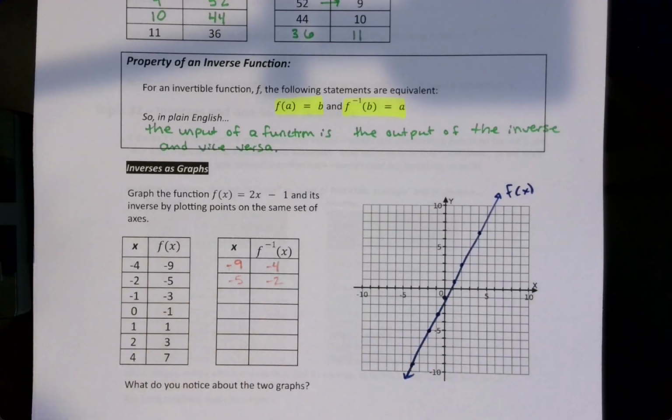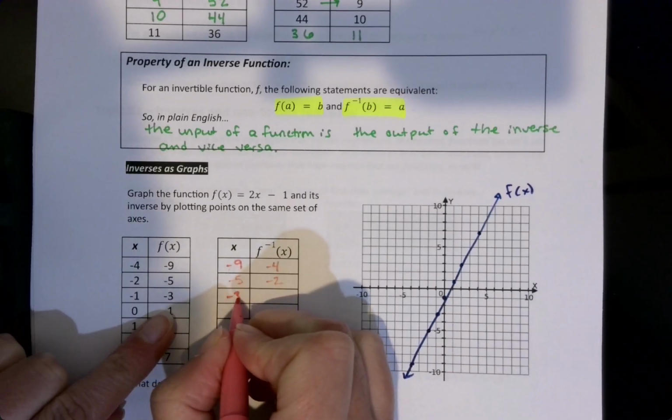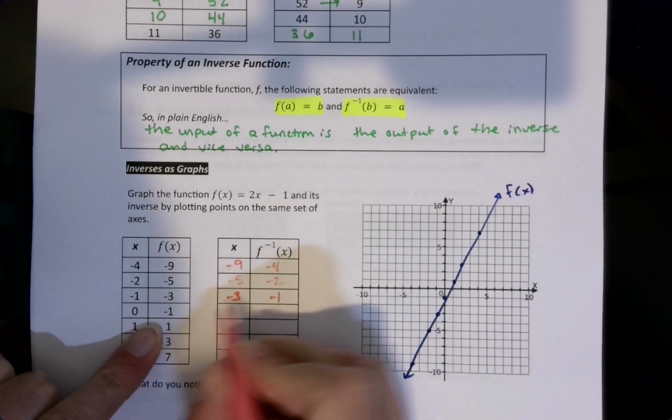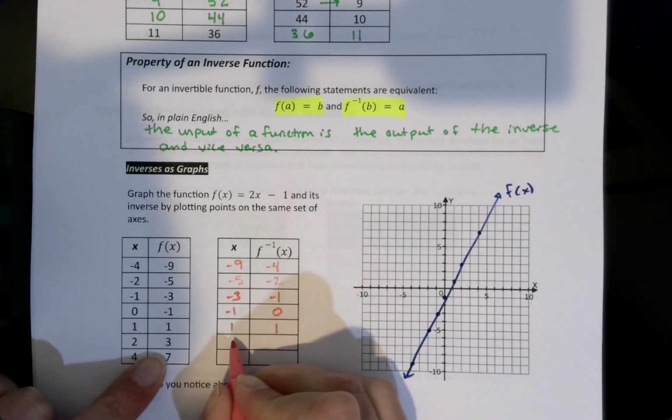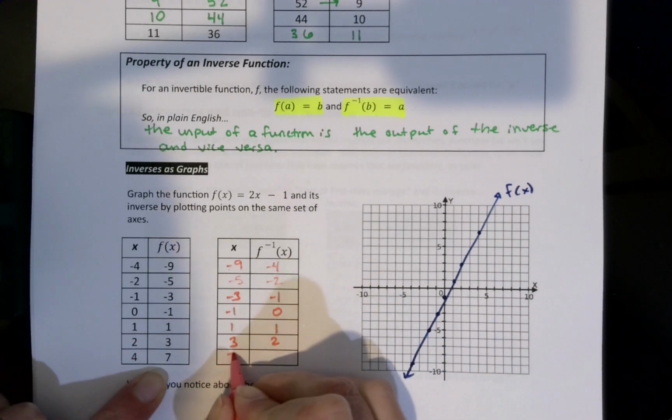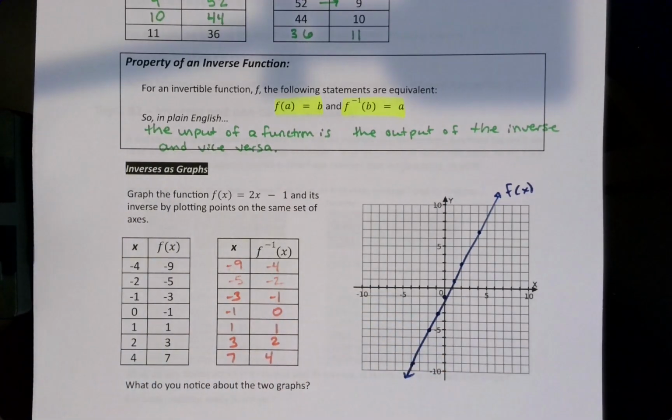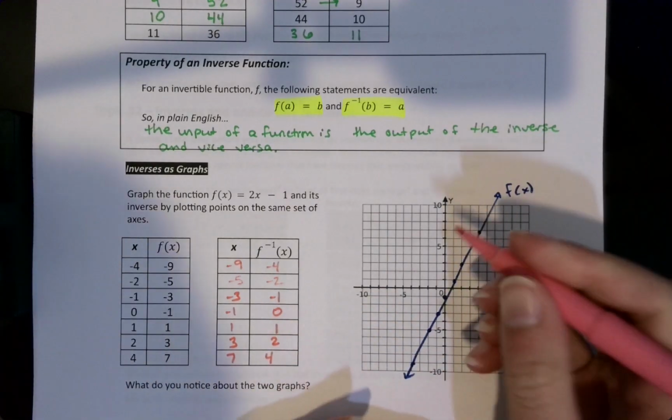Switching my pens here. Now we've got negative 3, negative 1; 0 to negative 1, so negative 1 to 0; 1, 1; 3, 2; and 7, 4. Let's plot these points here.